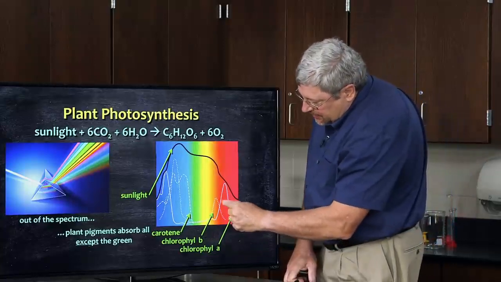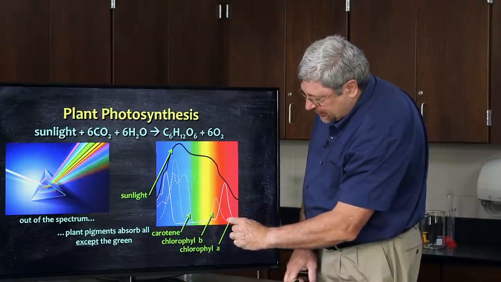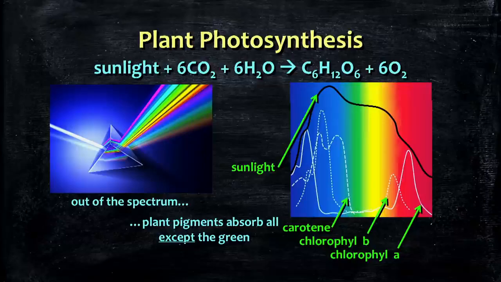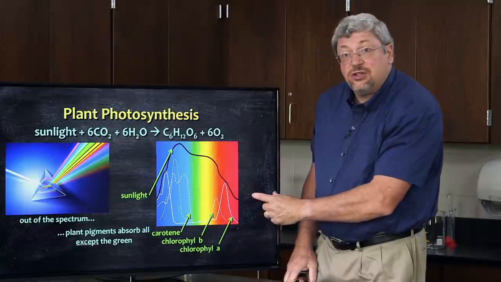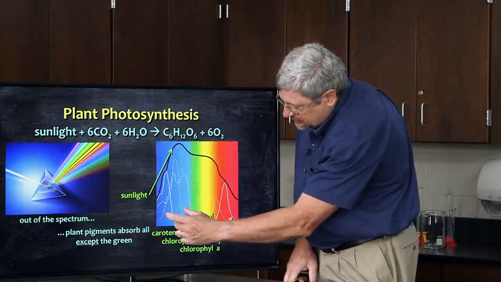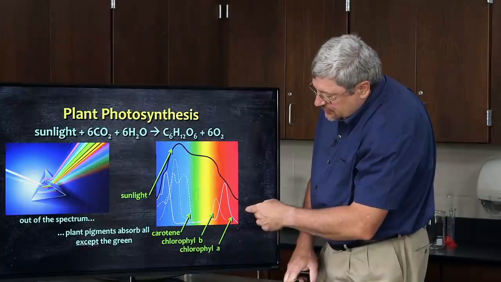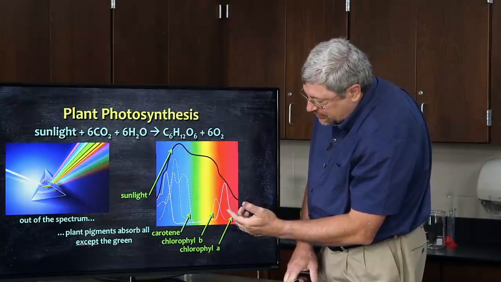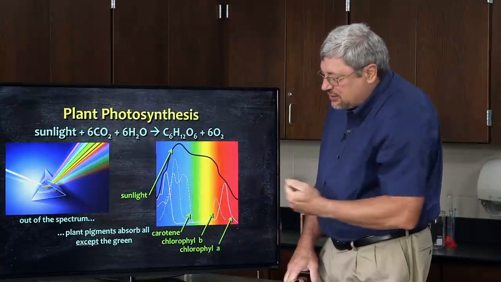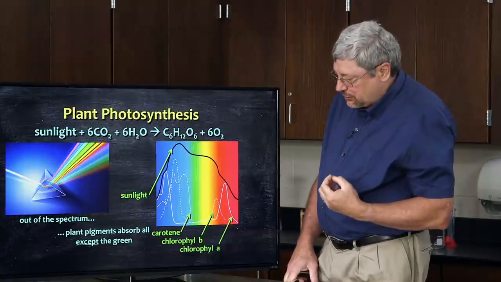Chlorophyll B is a little displaced from chlorophyll A. It doesn't do so much absorption of red, but absorbs the orange, and then a lot of the blues. So between the two of them, they really take out the oranges and the reds, and the blues and the violets. Carotenes, again an orange colored substance, take out the blues and even a little bit into the green.